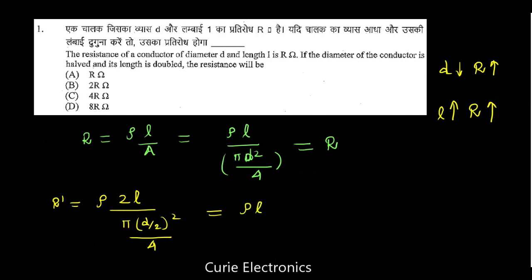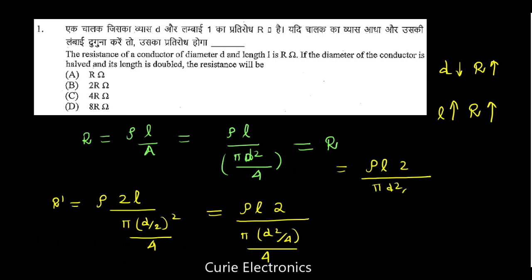Rho L multiplied by 2 upon pi d square by 4 whole divided by 4. Now I'll write it here. So rho L, 2, pi d square upon 4.